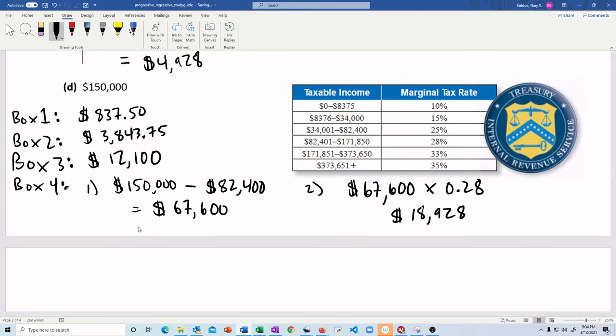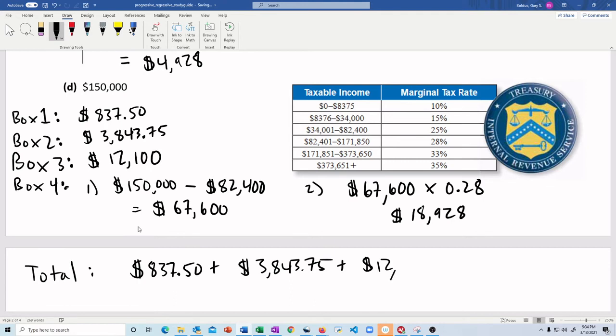Altogether, we just total because we run out of money to be taxed. You take your start, that's box 1, plus box 2, plus box 3, plus box 4, which is where I end.